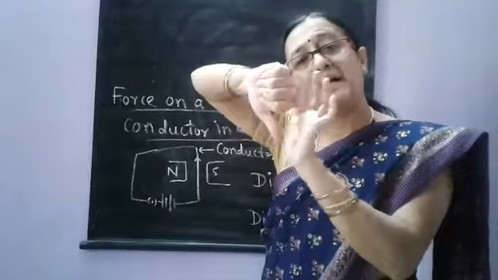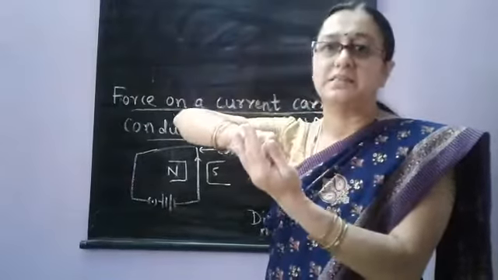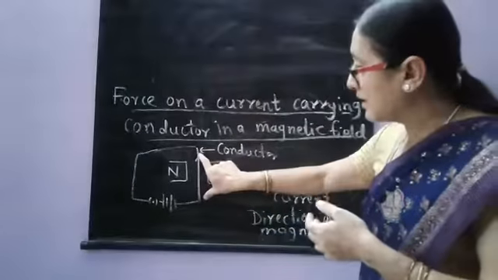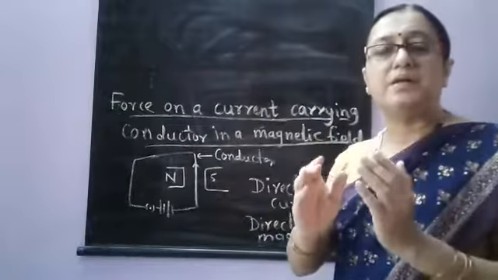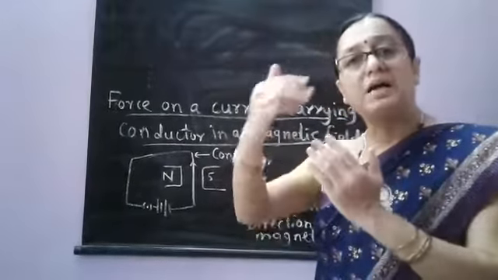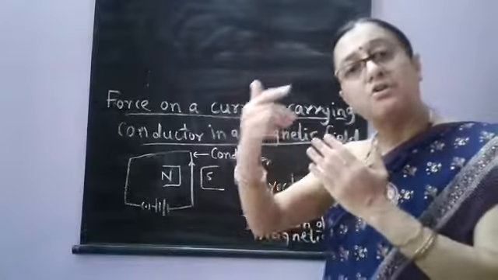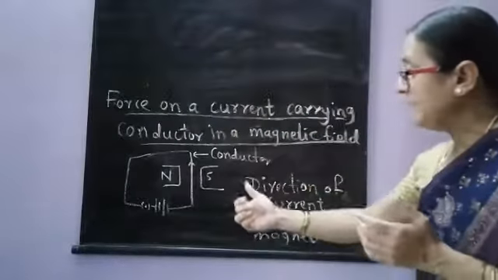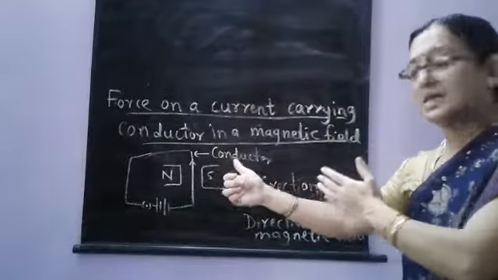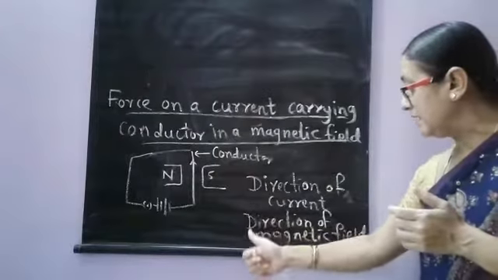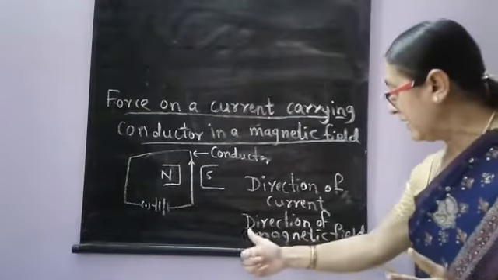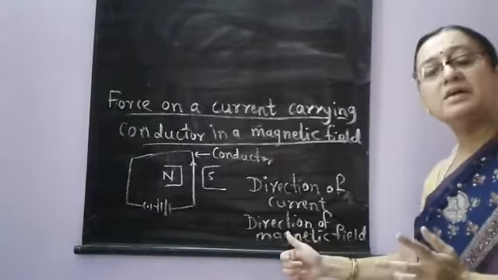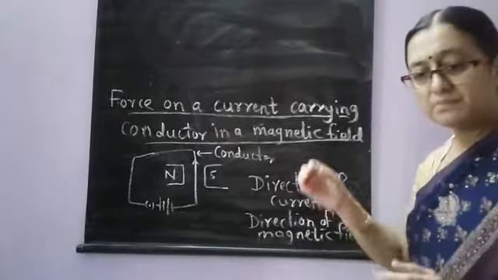Automatically the direction of the magnetic field also reverses. So when a current carrying conductor is placed in the magnetic field, it will experience a force and start moving, start rotating. So when the conductor starts rotating, there will be changes in two directions here. One is the direction of the current, another is the direction of the magnetic field.